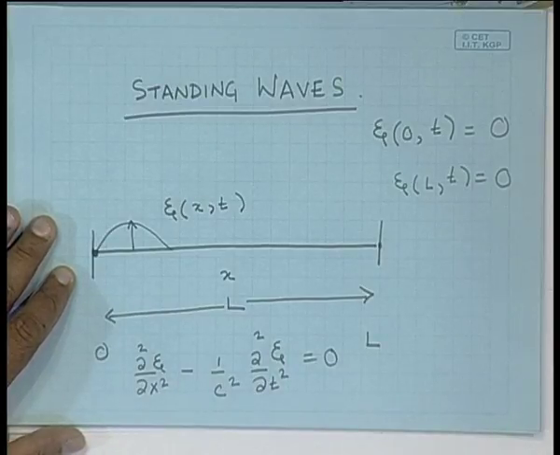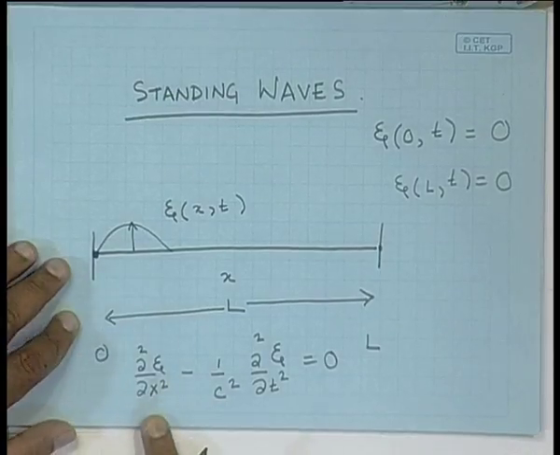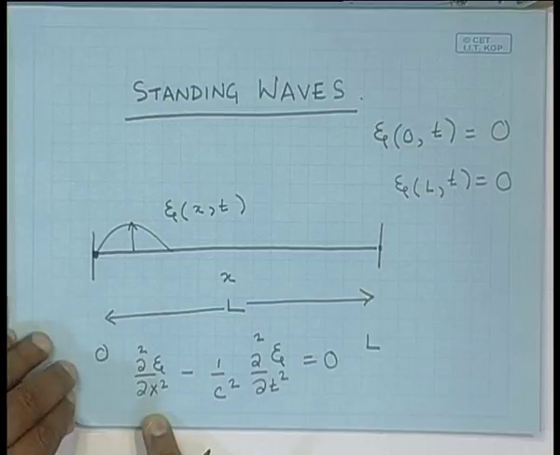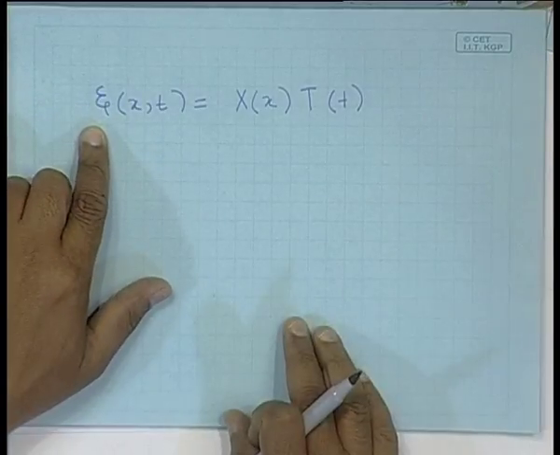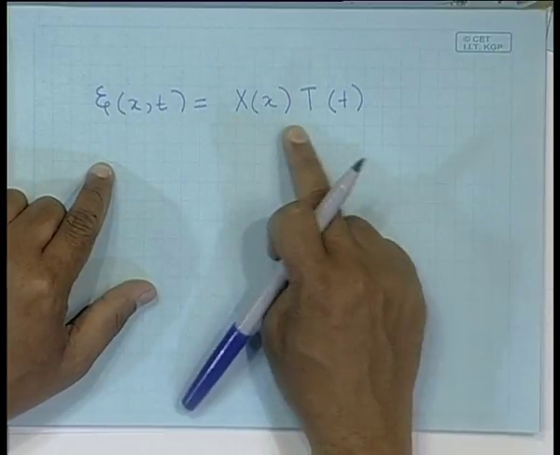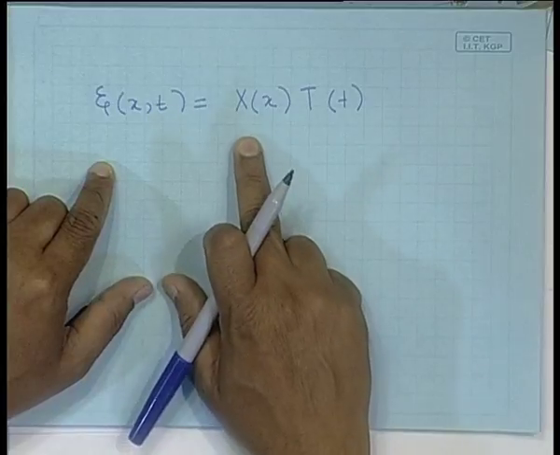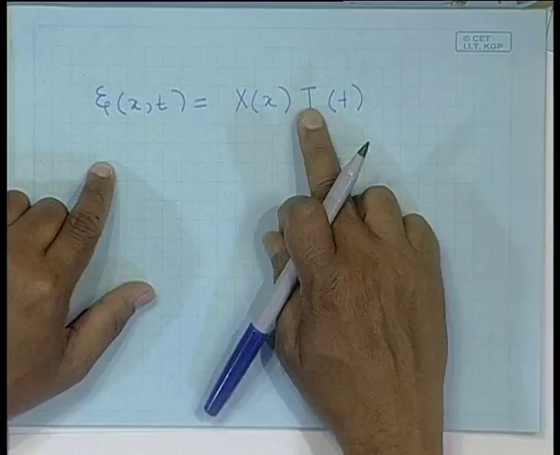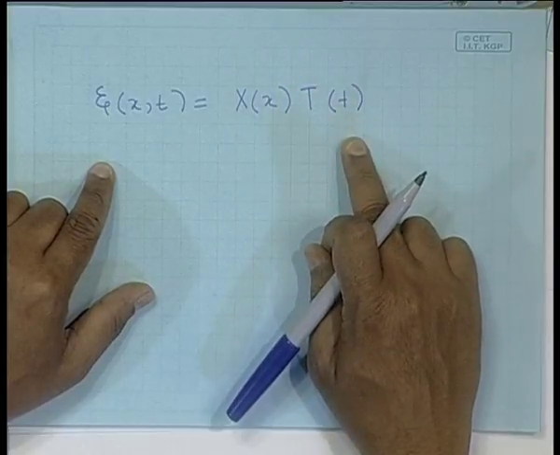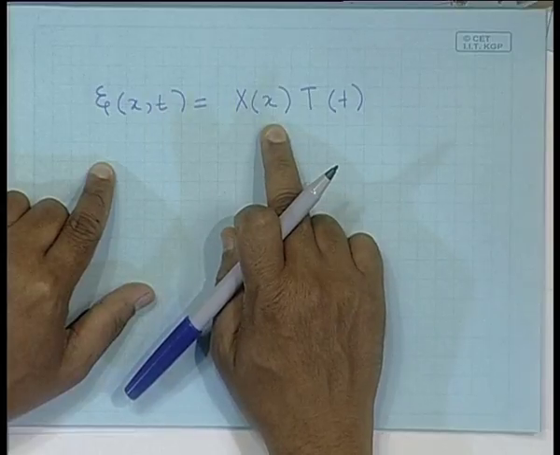So, let us look at this term by term. The first term over here is the spatial derivative of ξ. When you differentiate ξ with respect to x, if ξ has this form, you now have only derivatives of this function. Derivative with respect to x does not affect this function at all, and for this function the derivative with respect to x is an ordinary derivative.